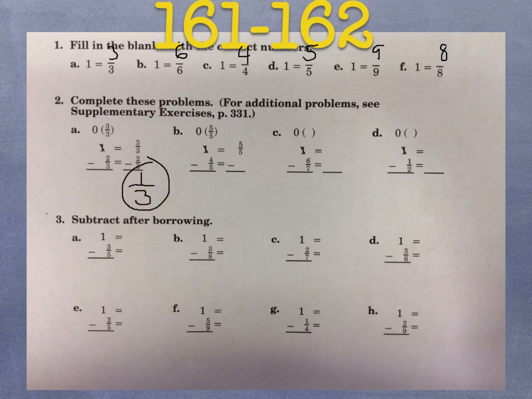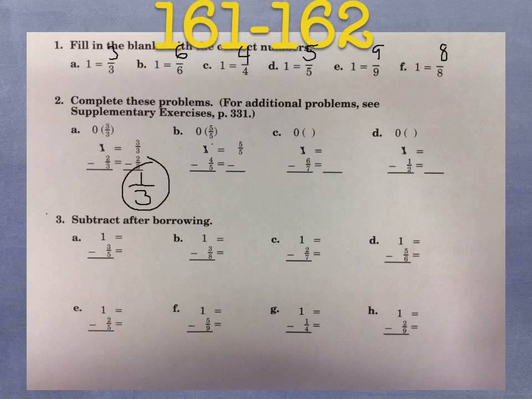Okay, B, the same thing. They've borrowed from the 1, and they changed it to 5 over 5, which is the same as 1. And so they moved it over this way. We have 5 over 5. And the reason why they chose 5 is because our denominator down at the bottom here is a 5. And remember, to add or subtract fractions, you must have common denominators. Since this was a 5, well, they made this a 5.